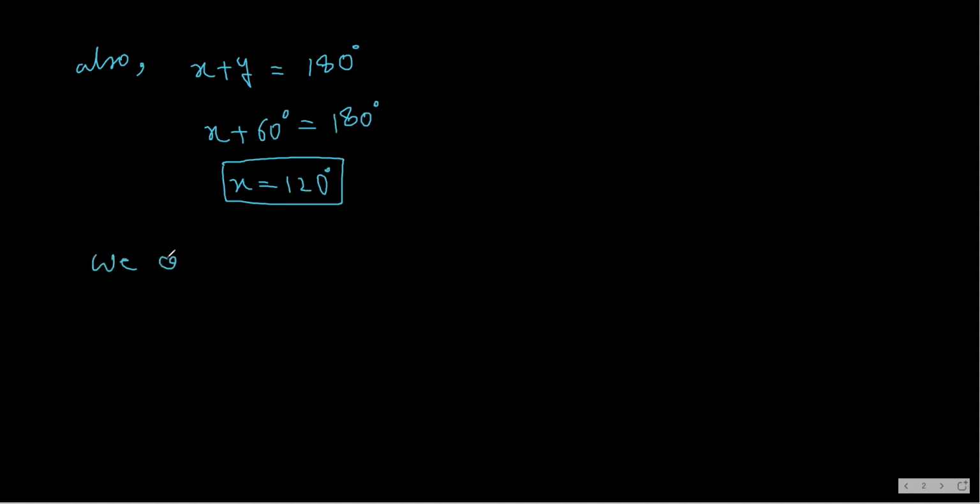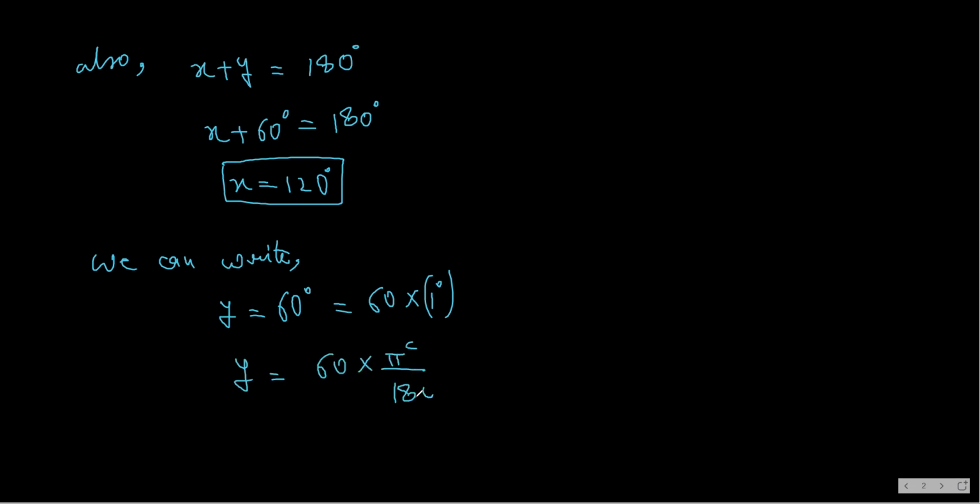I can write y is 60 degrees, so I can write this as 60 into 1 degree. And what is 1 degree? It is pi radian upon 180. So y equals 60 into pi radian upon 180, which gives pi by 3 radian.